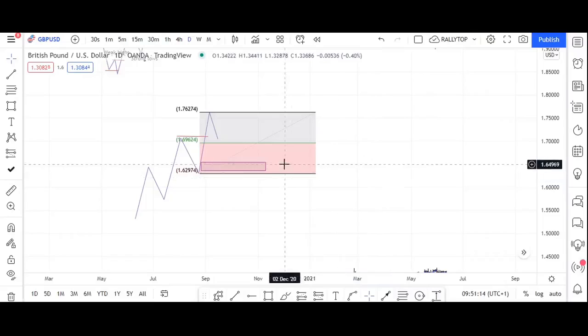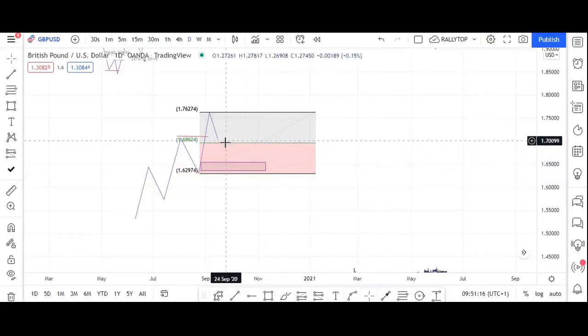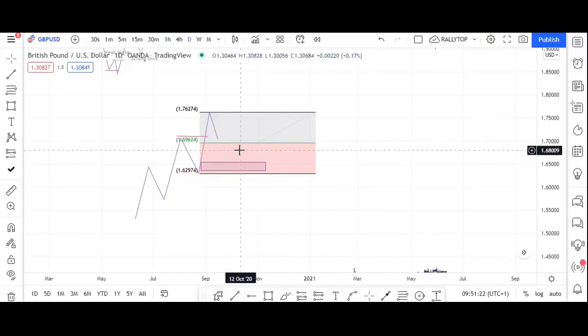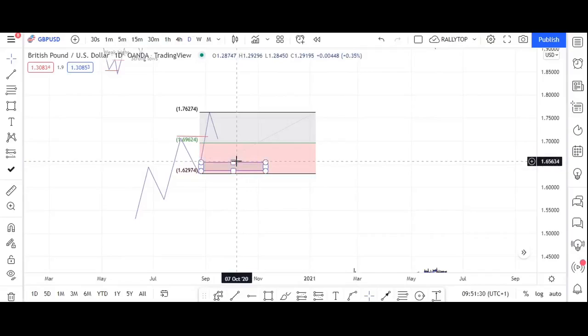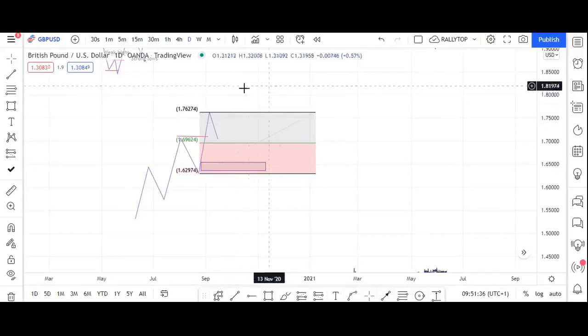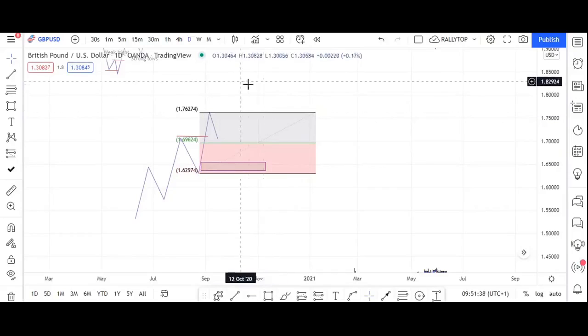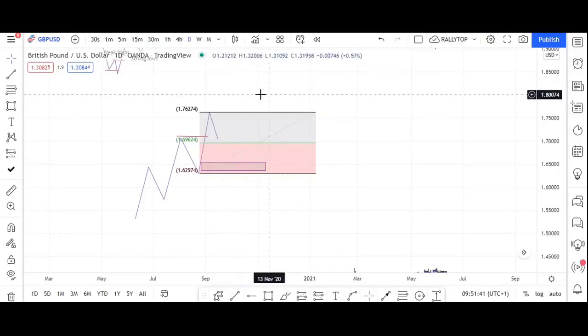Now, as soon as price comes into your discount zone, or if you want to wait for it to touch your higher time frame POI, let's assume that this is your H4 or D1 as your higher time frame.